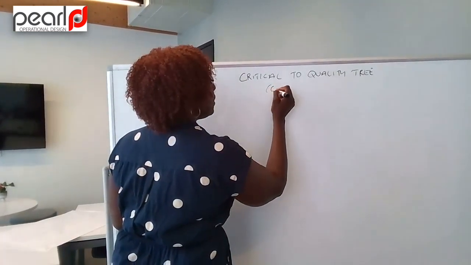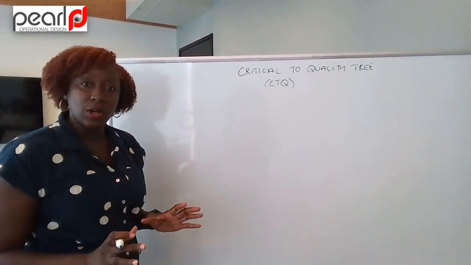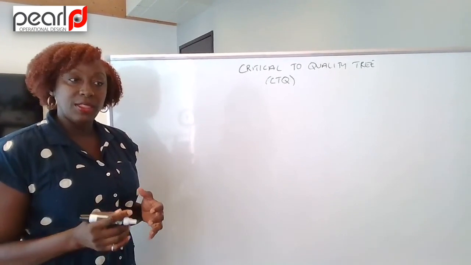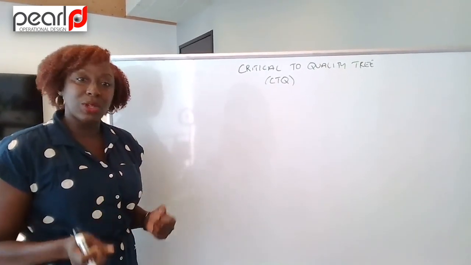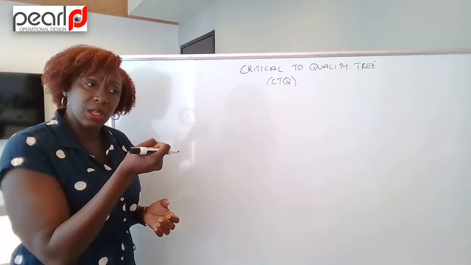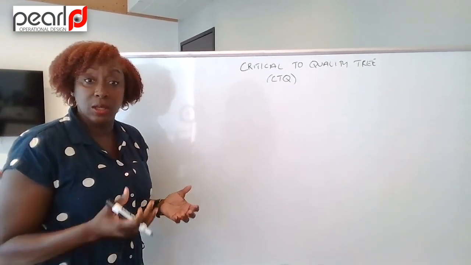Or what we call CTQ. And what you use this for is when you have something that you can't really measure. If you're saying, I want to improve the time, that's easy. You can time something and see whether it's improved.